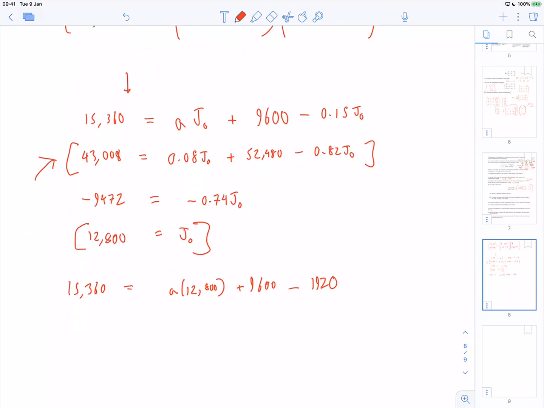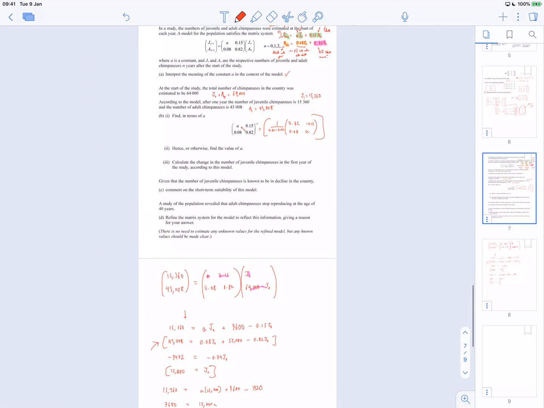If I add that to the other side, I get 17,280. If I minus 9,600, I get 7,680 equals 12,800A. So if I divide that answer by 12,800, I get A is 0.6. Groovy. That wasn't too bad.